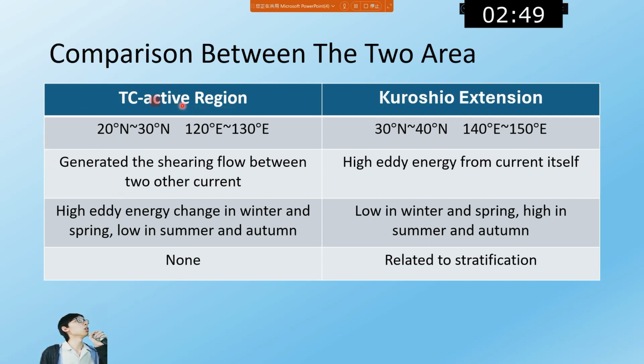In the TC active region, the energy is generated from the shearing flows between two other currents. And in the Kuroshio extension region, it has high AD energy from the Kuroshio current itself.